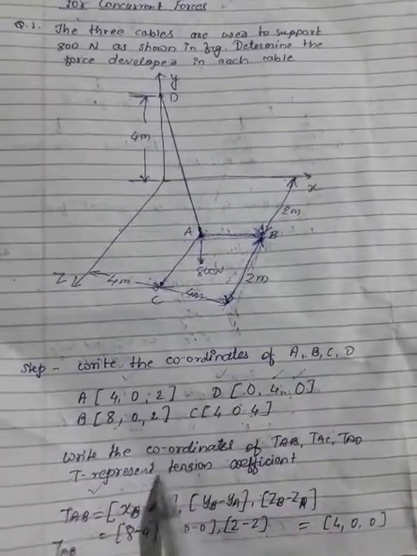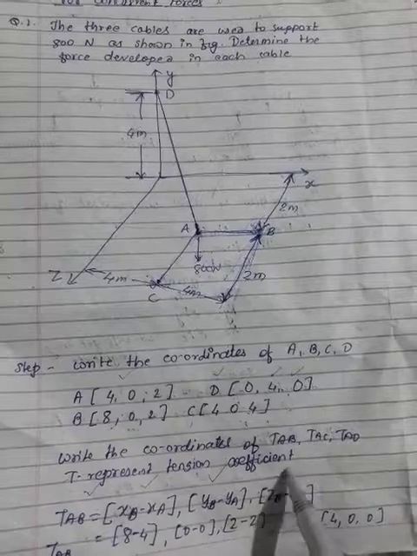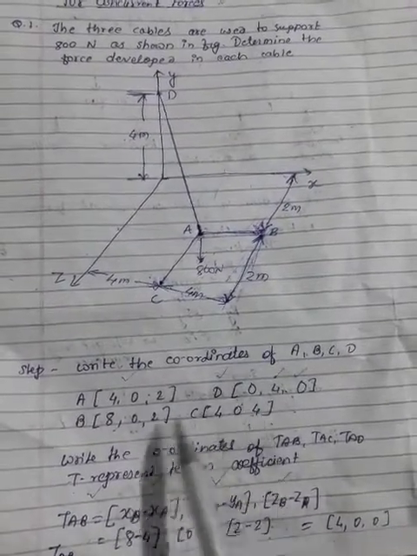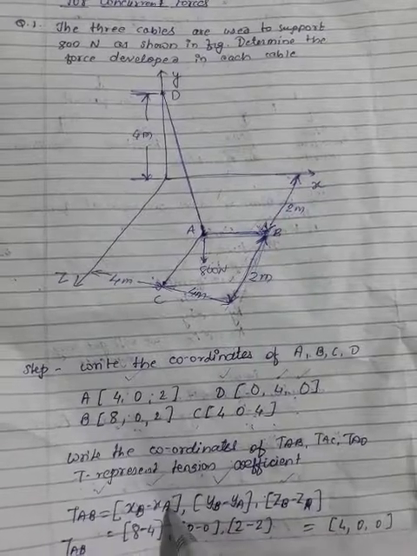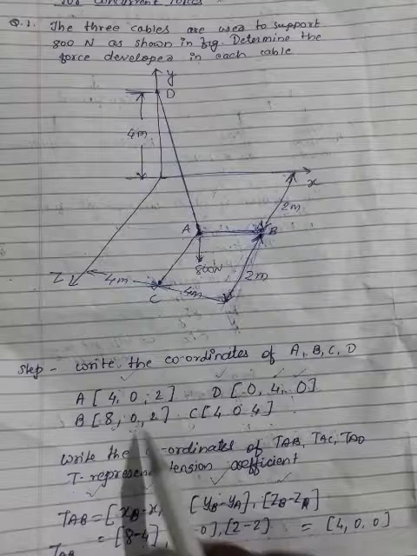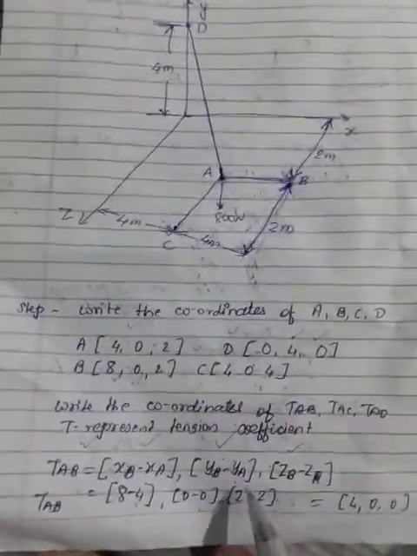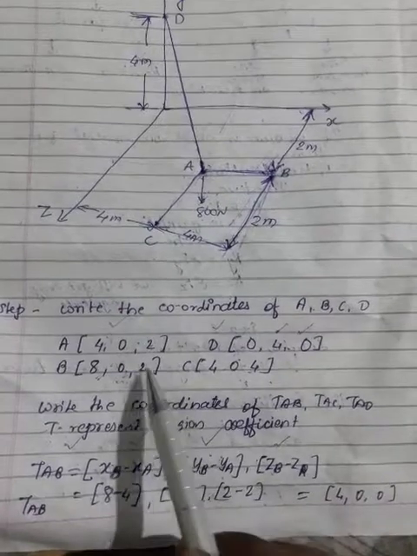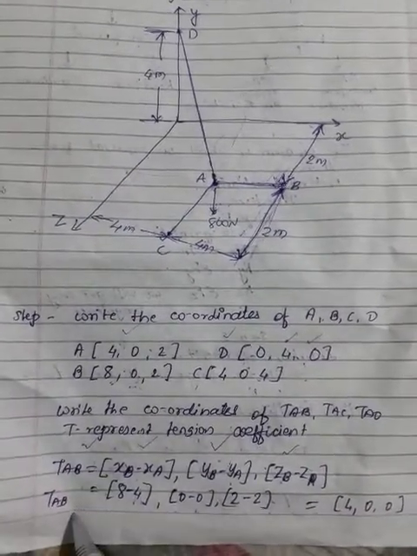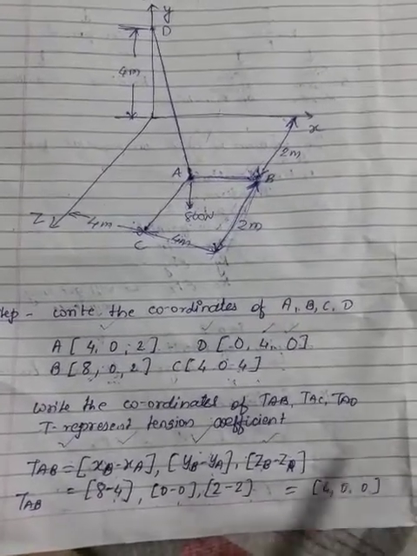So for X, XB minus XA, for Y, YB minus YA, for Z, ZB minus ZA. So I am putting the X coordinate of B 8, X coordinate of A 4, 8 minus 4, Y coordinate of B 0, Y coordinate of A 0, 0 minus 0. Next Z coordinate of B 2 minus 2, 0. So I will get the tension coefficient TAB as 4, 0, 0.